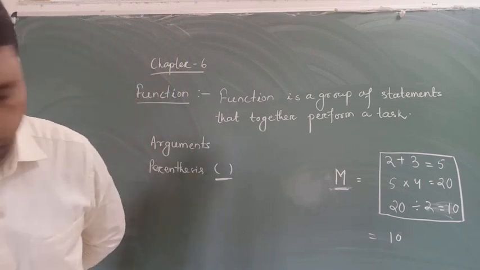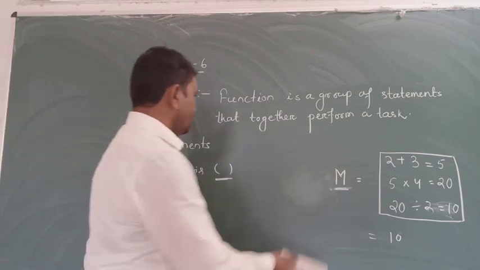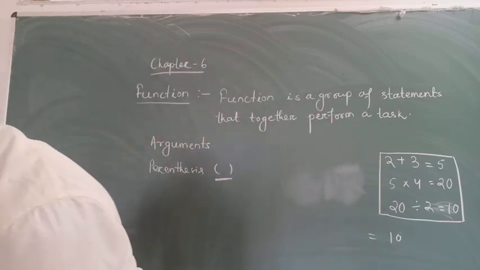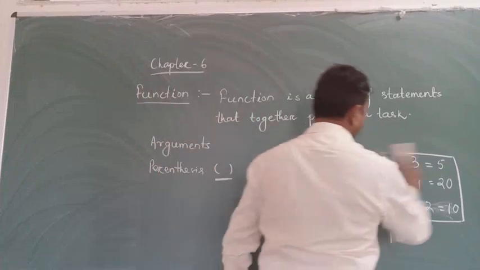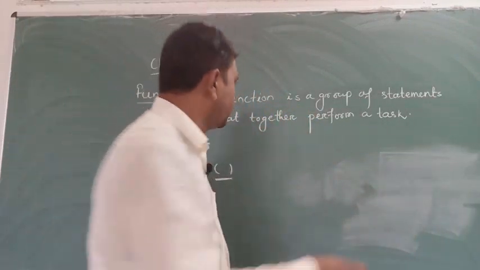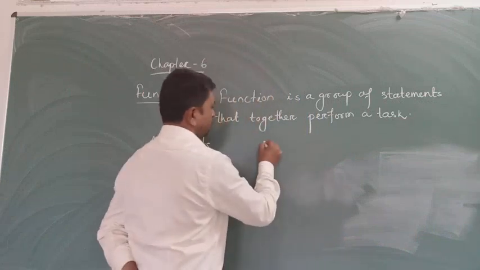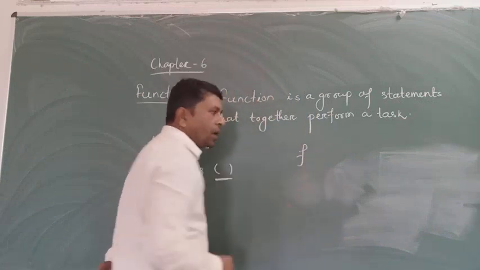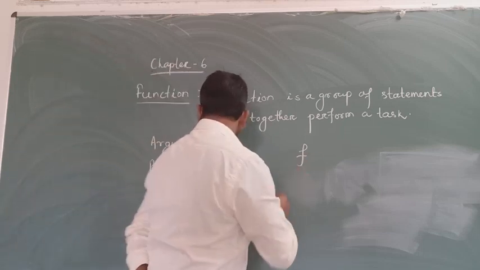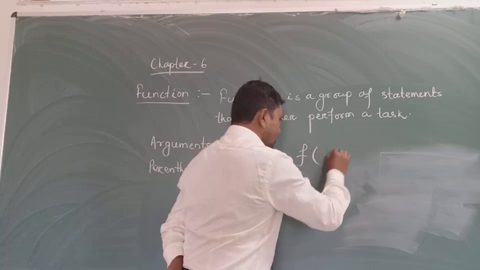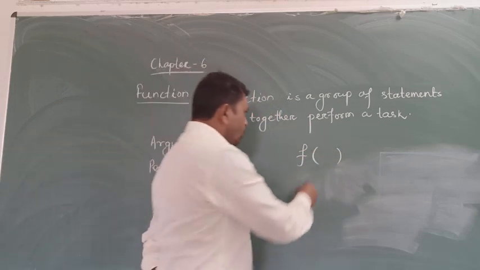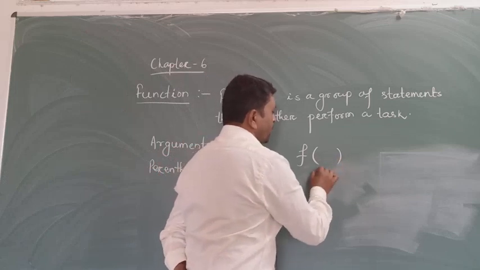Normally we denote a function with a small letter f, followed by a parenthesis, and within the parenthesis we give some arguments.